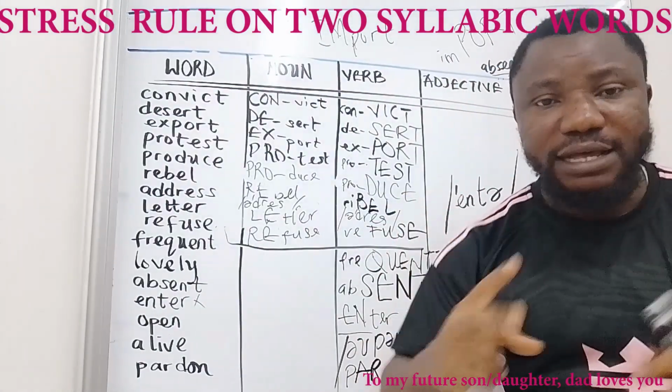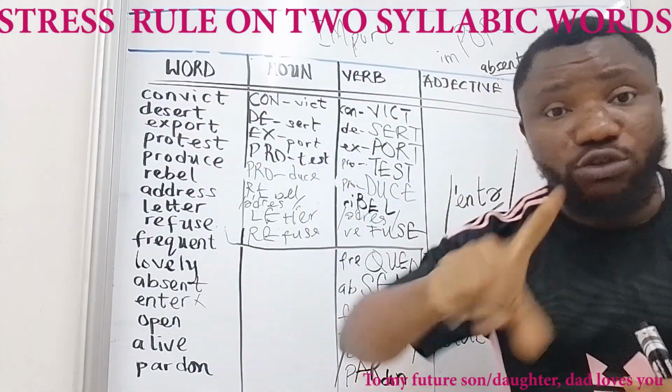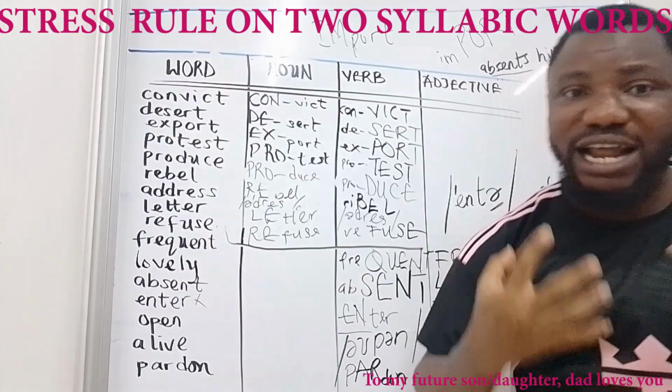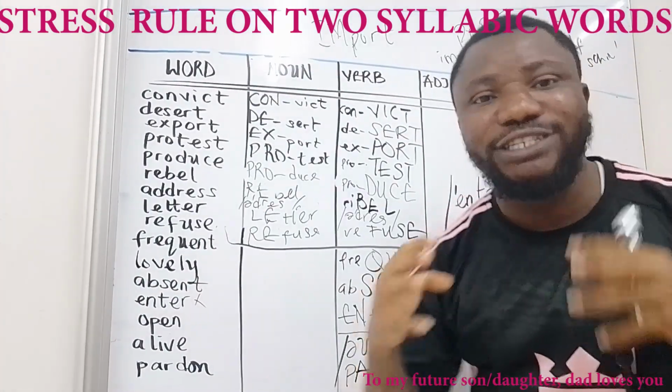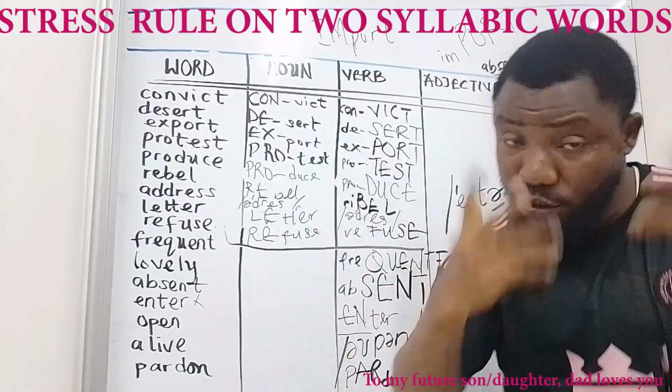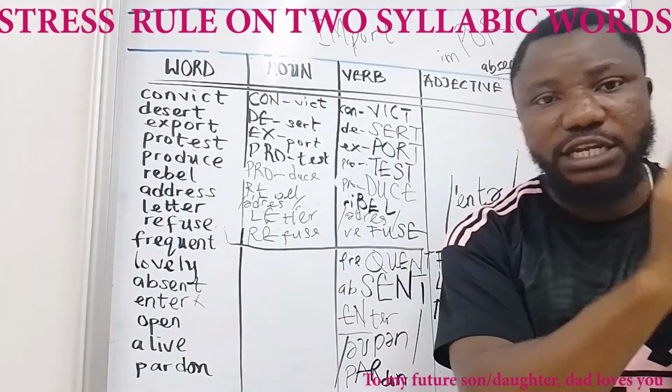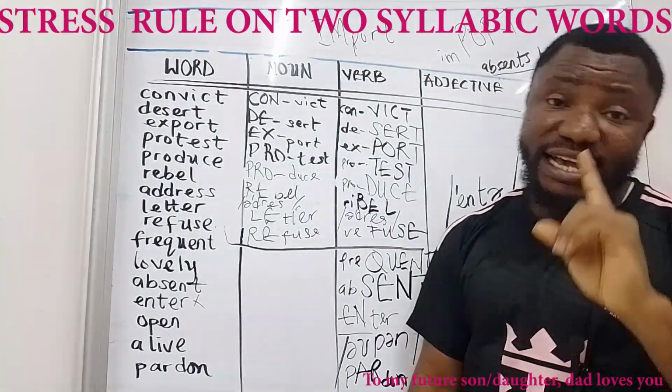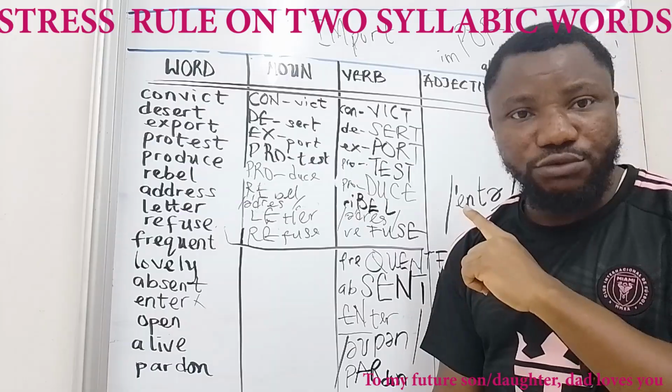When you have a verb that has two syllables, the stress goes on the second syllable. When you have an adjective with two syllables, the stress goes on the first syllable. When you have an adverb with two syllables, the stress goes on the first syllable. But we have exceptions to that rule.